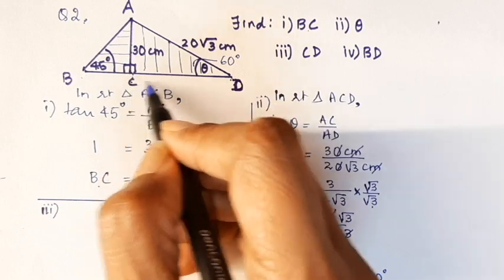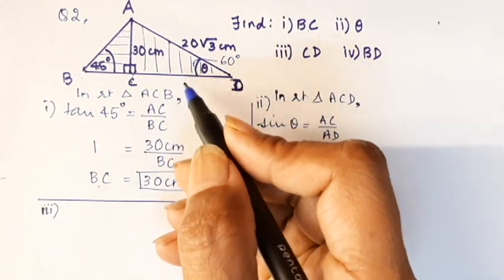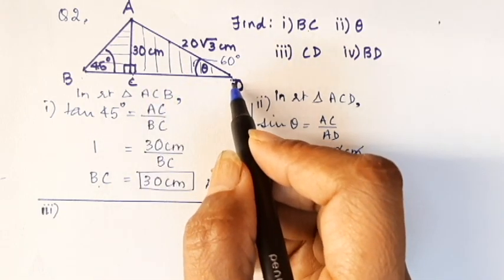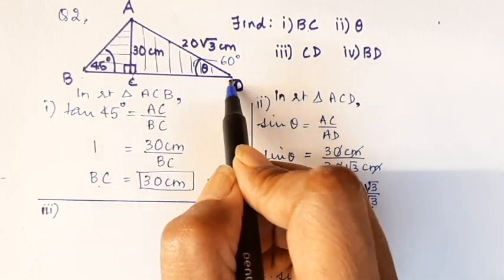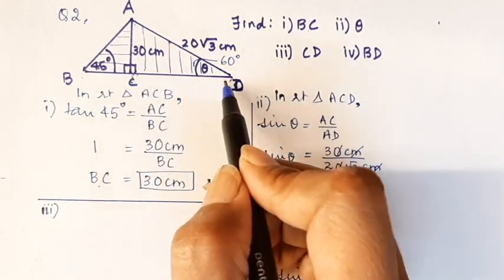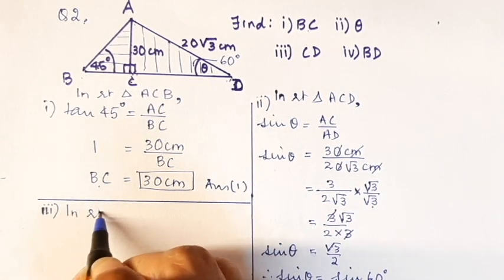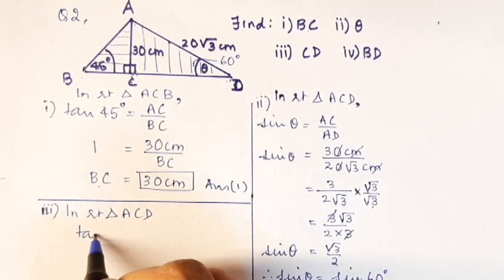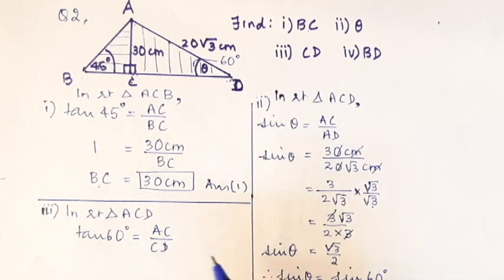Now we can also apply Pythagoras theorem, but since we are solving the right triangle using trigonometry, we can use trigonometry as well. So we will connect 60 degrees with AC and CD, and AC and CD give us the tan ratio. So we will say in right triangle ACD, tan 60 degrees is equal to AC upon CD.